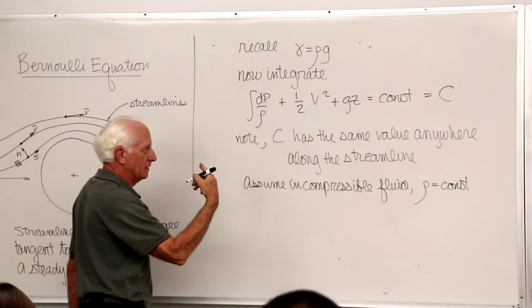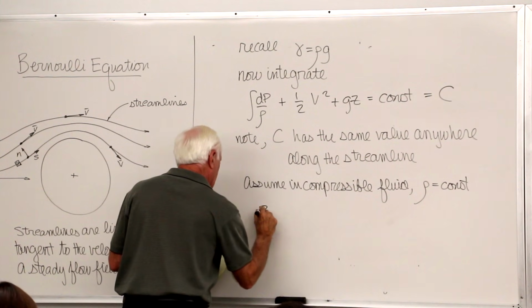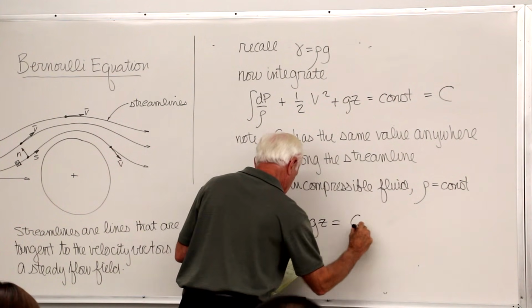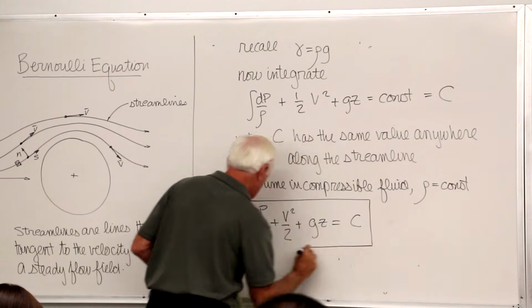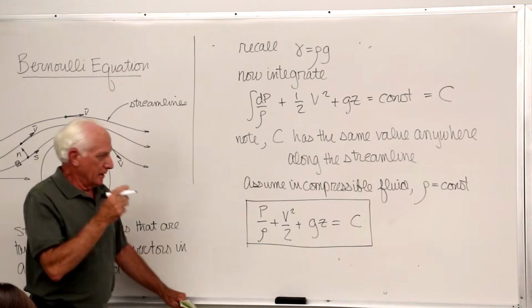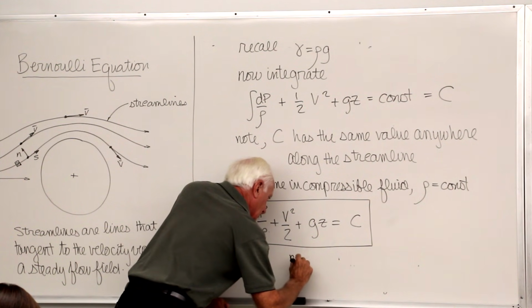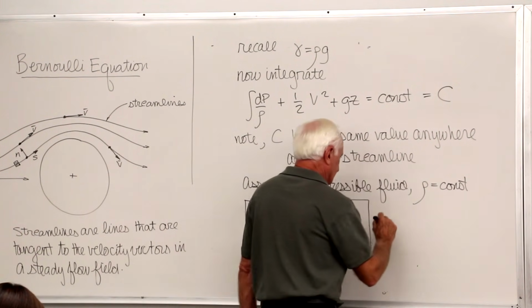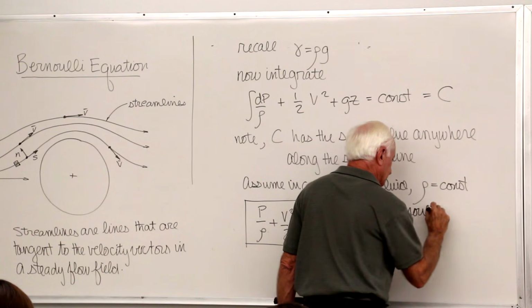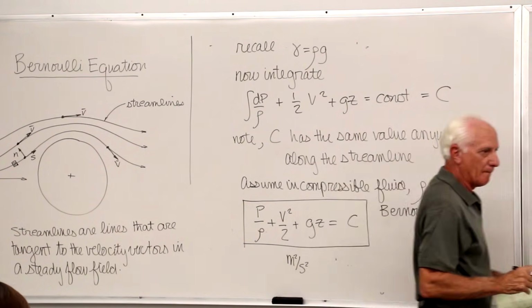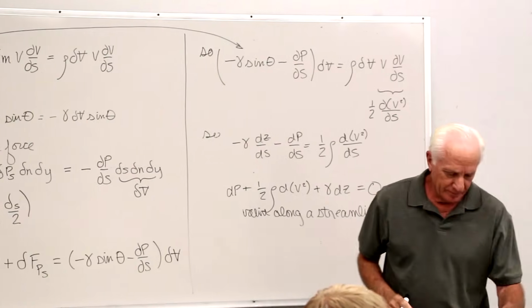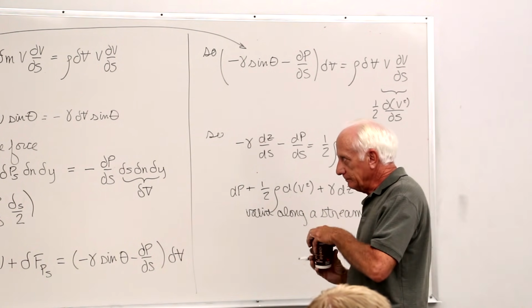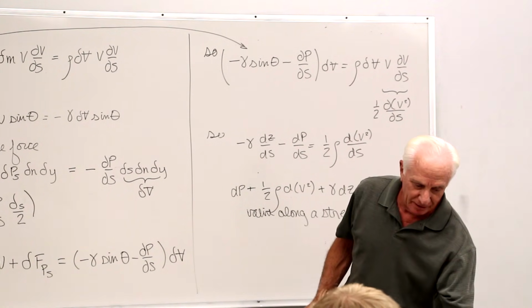Pull rho outside, and there goes the integral sign. We end up with P over rho plus V squared over 2 plus g z equal to a constant C. Every term has units of meters squared per second squared. That's the famous Bernoulli equation.